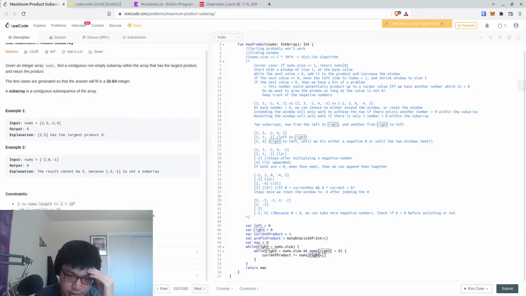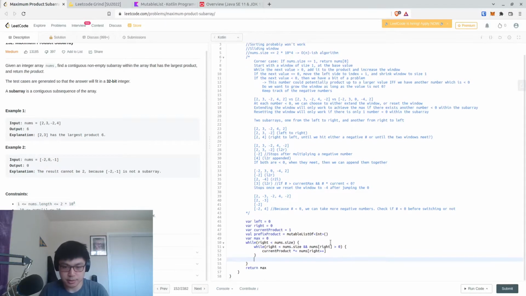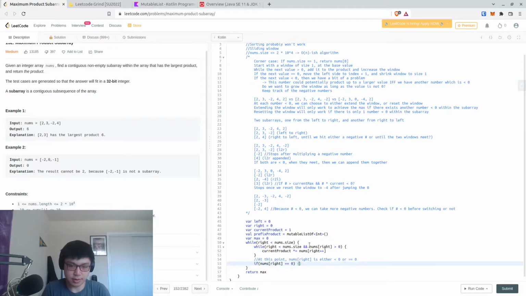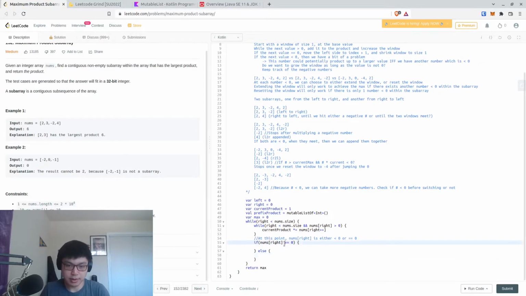So we multiply a current number and then we increment it. Then we can say, so now at this point, nums at right is either less than 0 or equal to 0. So we can say if nums at right is equal to 0, otherwise.